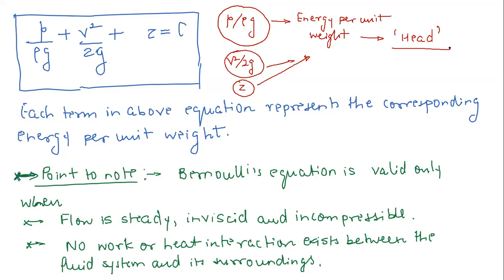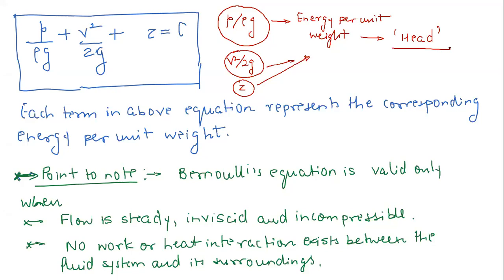It will come later on also when you discuss flow in a pipeline, or even the principle of a dam. In a dam, the water flows from the dam towards the turbine through a penstock, so you can apply Bernoulli's principle there as well. One point you can take at the beginning of the penstock. A penstock is just a pipe which carries the water from the dam towards the turbine, and you can take a point at the end of the penstock and apply Bernoulli's equation.